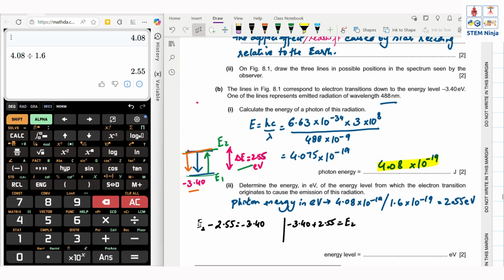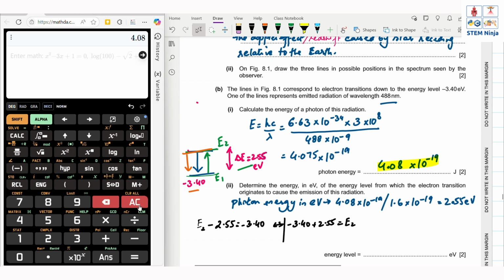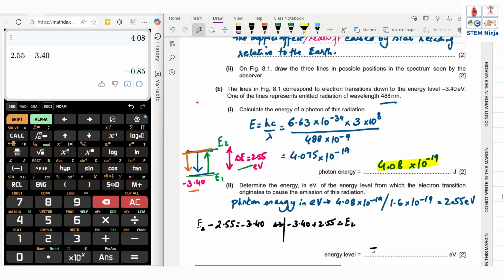Either way, these two are just rearranged versions of each other. So 2.55 minus 3.40, you get minus 0.85 electron volts.